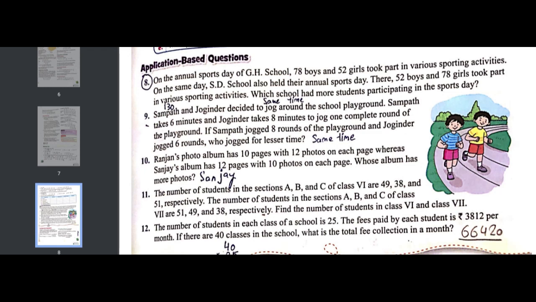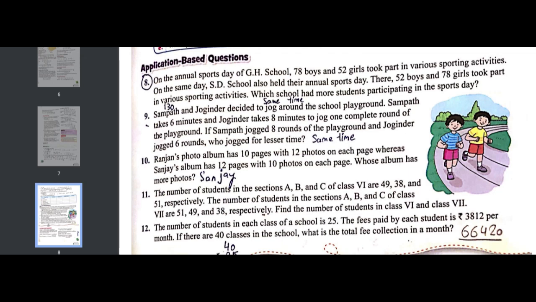Question 11. The number of students in sections A, B and C of class 6 are 49, 38 and 51 respectively. The number of students in sections A, B and C of class 7 are 51, 49 and 38 respectively. Find the number of students in class 6 and 7. We have to calculate the total number of students.